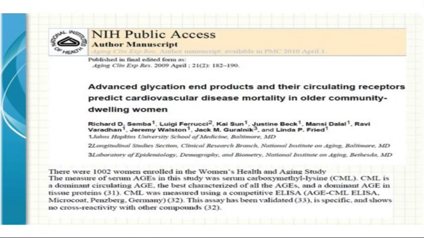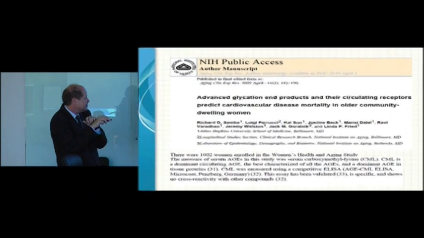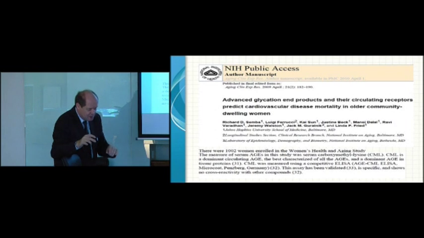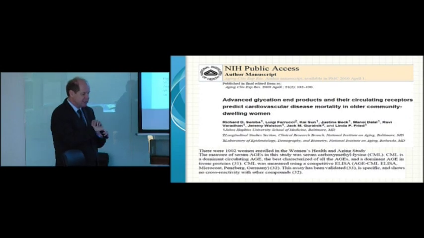They prospectively tested 1,002 women in this study, and they measured one of the most common AGE products, the carboxymethyl-lysine, which is a carbohydrate moiety which binds to a protein. And we have, this was developed in Germany, an ELISA method to determine the level of CML in the blood of the patients. So the outcome of these women monitored for 5 years is shown here.